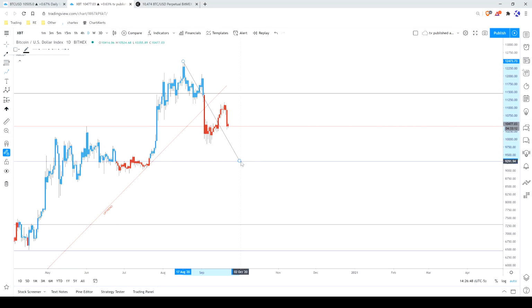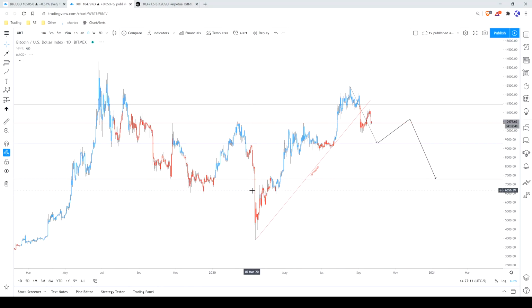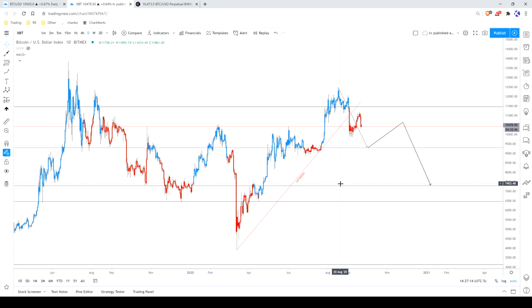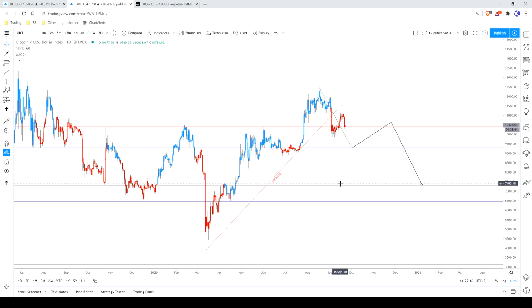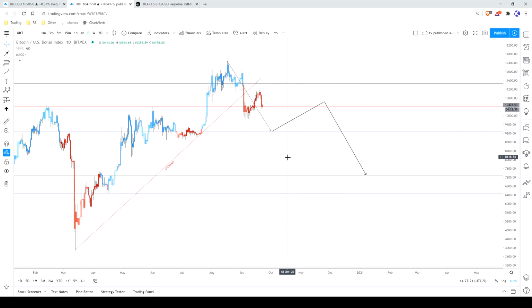So that could potentially look, if this is one move, we'd call that an A. B would take at least the same amount of time, most likely twice as long, and then continue down again. Something like that. So overall, I'm not very bullish.